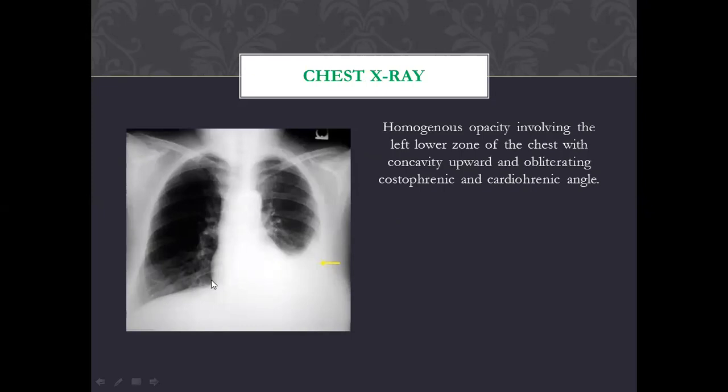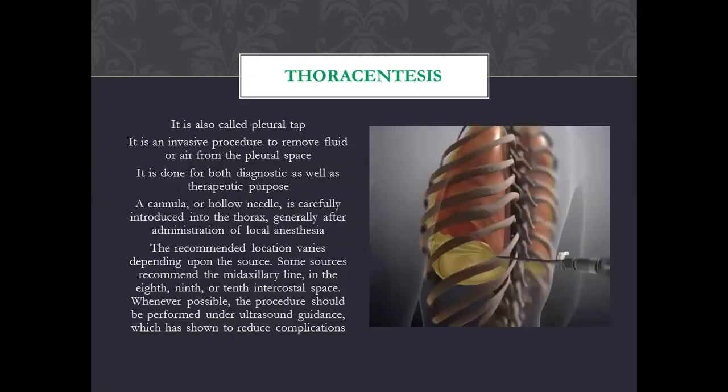So these two angles are clear over here, but on this left side there is an opacity that is homogeneous, and it has an upward concavity with obliteration of the costophrenic and the cardiophrenic angle. When these findings are present on the chest X-ray, the most likely diagnosis will be a pleural effusion.